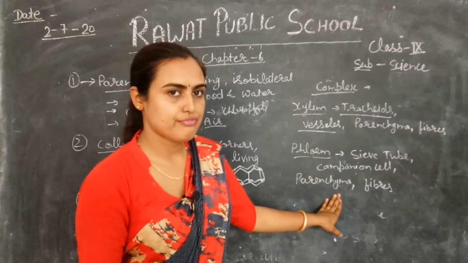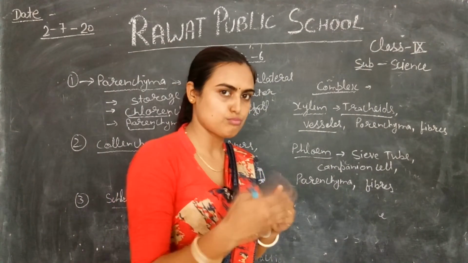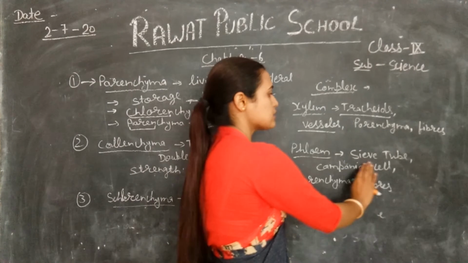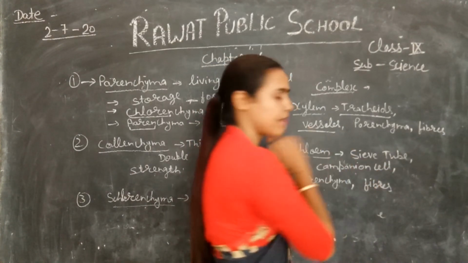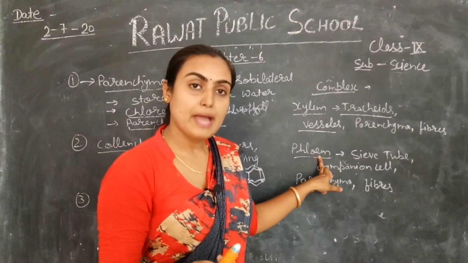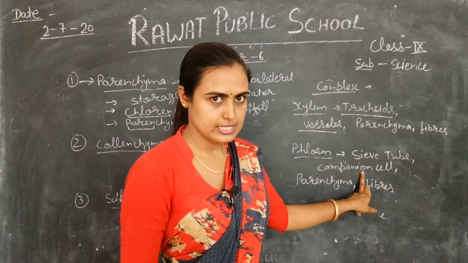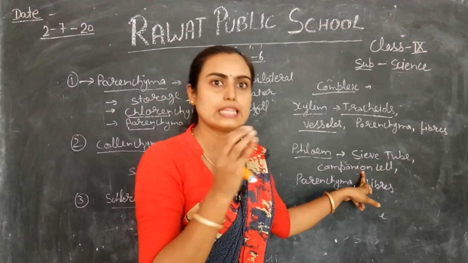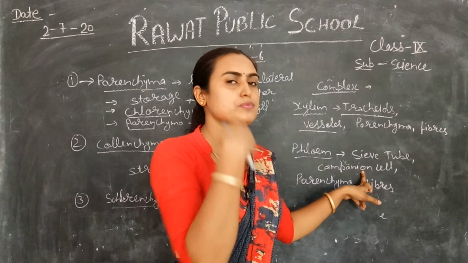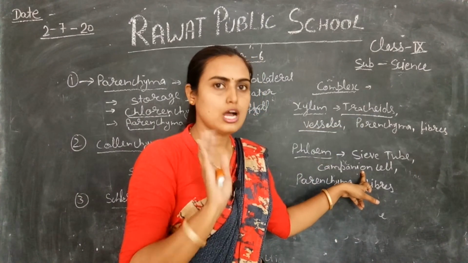In phloem, there are four types of cells, as in a complex tissue with more than two types of cells. Phloem consists of sieve tube, companion cell, parenchyma and fiber. Right? And phloem helps in conduction of food. It means sieve tube and companion cells are responsible for the conduction of food in plants. This food is prepared in the leaf and transferred to the different parts of the plant.